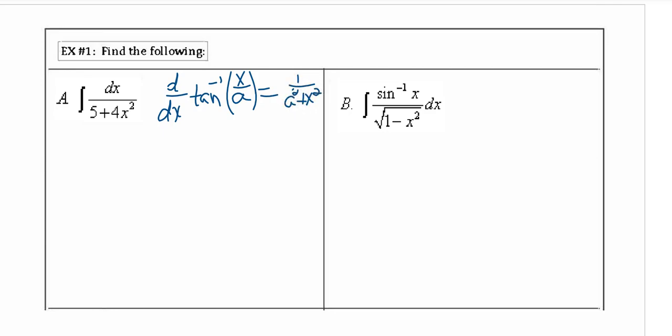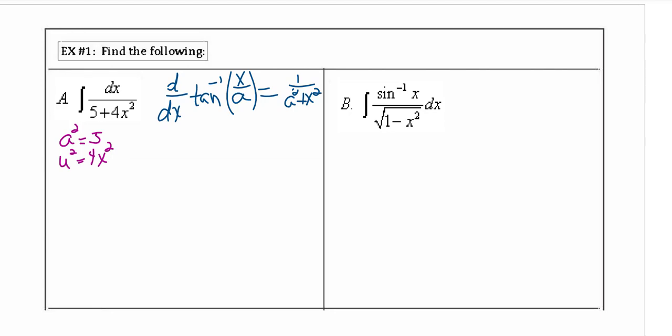So what we want to do and what we have here is realize that we have an a squared of 5, and I'm going to call it u squared of 4x squared.